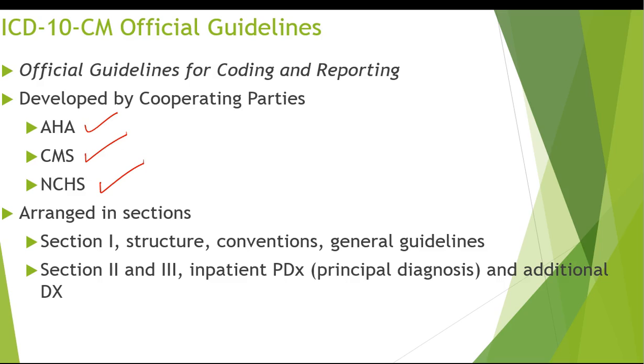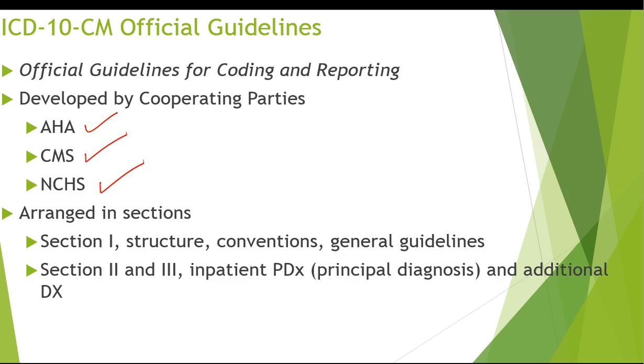The guidelines can be found in the front of your coding manuals, and you can also find them on the CDC website. The guidelines are arranged in sections. Section 1 is the structure, the conventions, and just the general guidelines.